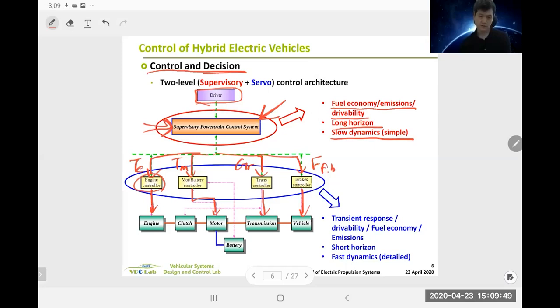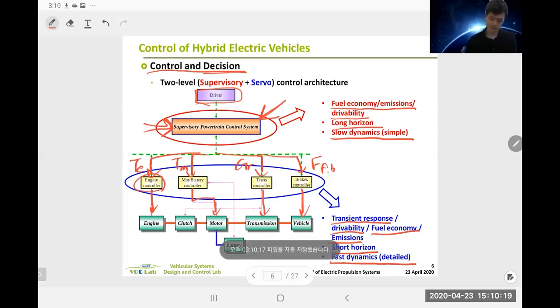Whereas the low-level controller takes care of transients, drivability, and some impact on fuel economy and emissions. But they look at a shorter horizon and are closely related to fast dynamics, okay?